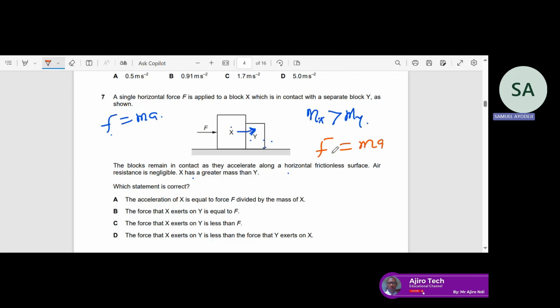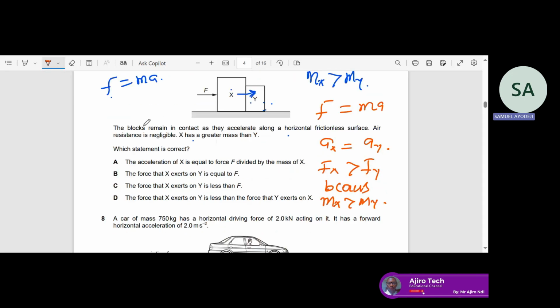In this case, they will accelerate together, so A of X will be equal to A of Y. Take note of that. So in this case, F of X will be greater than F of Y. Why? Because the mass of X is greater than the mass of Y. So this is what's going to happen.